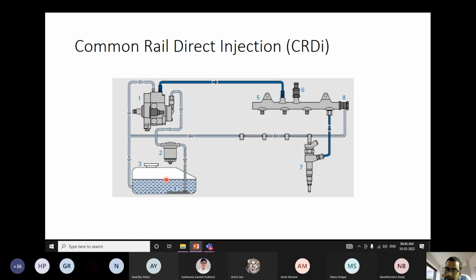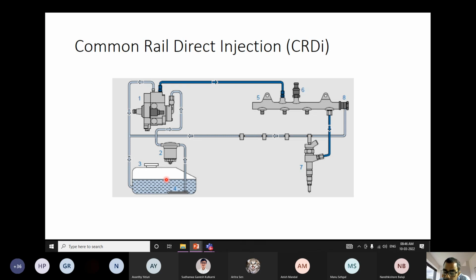If your system has the flexibility to do multiple injection in one cycle, then during the compression stroke, in the beginning of the compression stroke, a part of the fuel can be injected, and that part of the fuel has enough time to mix with the air and form an air-fuel mixture, but obviously it will be out of the combustion limit. And then the main fuel injection can take place towards the end of the compression stroke. In that way, there is a possibility that we can improve the homogeneity.